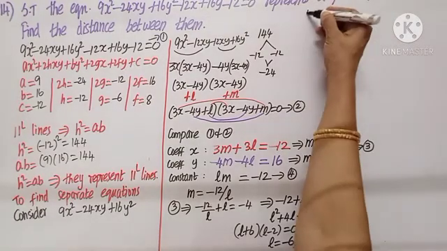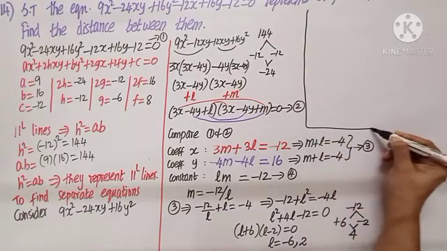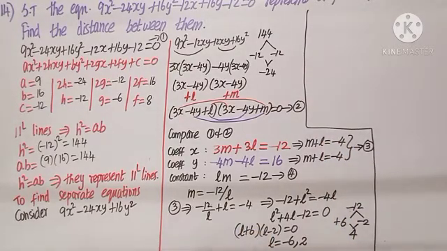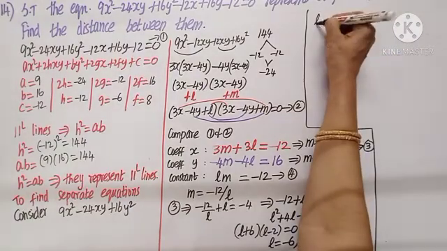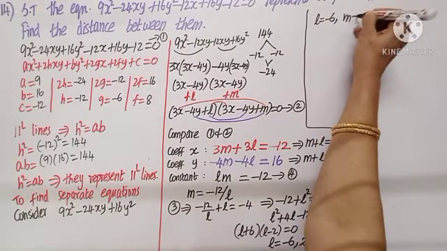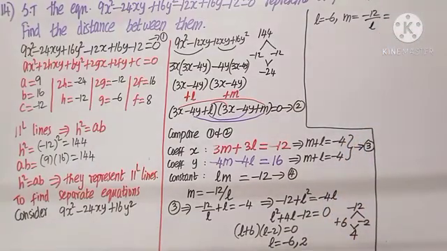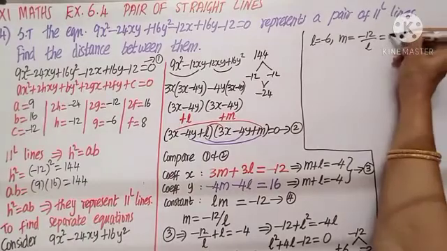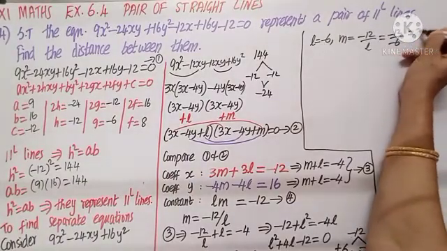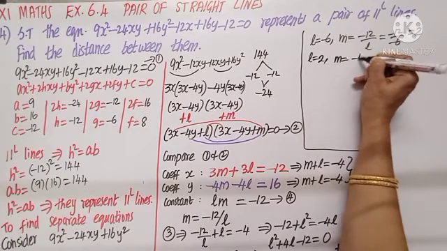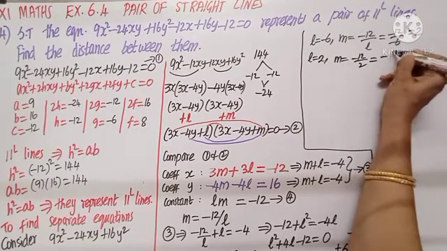Put these values in M and get the relevant M value. When L is minus 6, M is equal to minus 12 by L, that is minus 12 by minus 6, I get 2. When L is equal to 2, M is equal to minus 12 by 2, that is minus 6.